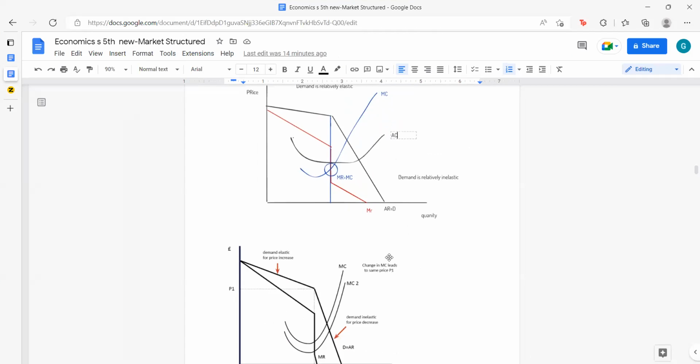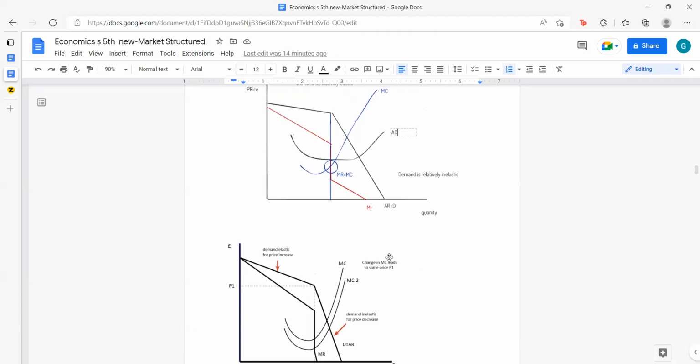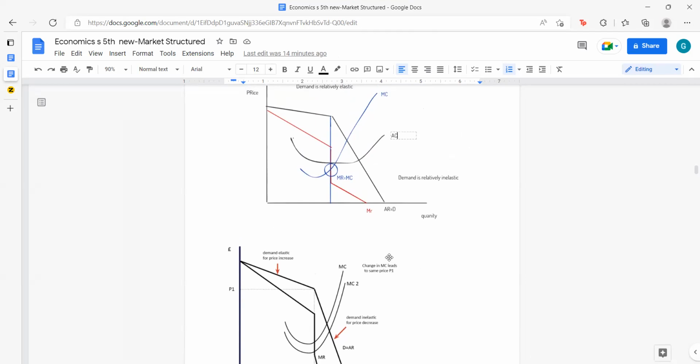Yeah, the only thing I want to emphasize is that in the second diagram, as you can see, when the MC changes at the bottom where there is the inelastic demand, the price remains the same, right? If it was at the top here where it is elastic, it's a different story, right? So this is why the elastic and the inelastic comes in to show you when MC changes what happens.